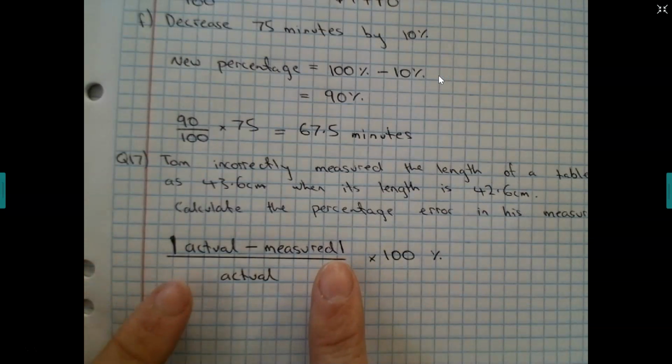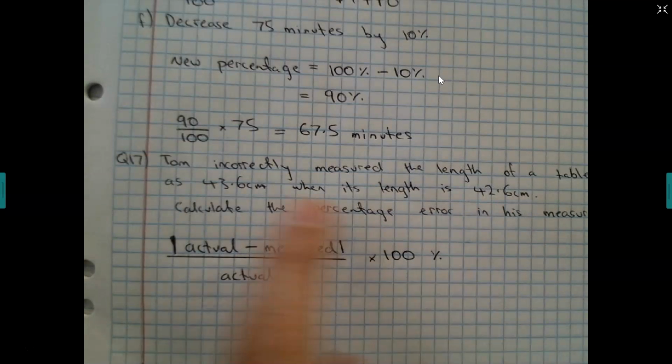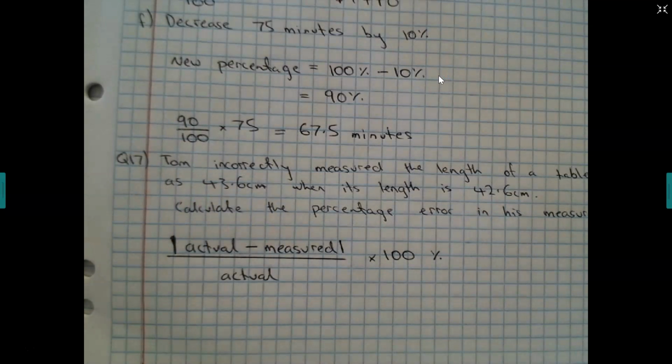What these modulus signs around the outside mean is whatever value you get, you take just the positive of that. So if I go 42.6 minus 43.6, I'm going to get negative 1. Because those modulus signs are around it, it means I'm going to take the value of positive 1. There's no such thing as a negative percentage. We're not going to have a negative percentage.